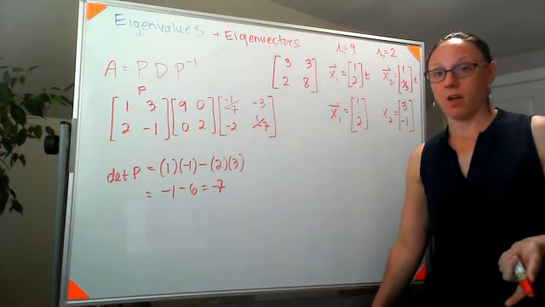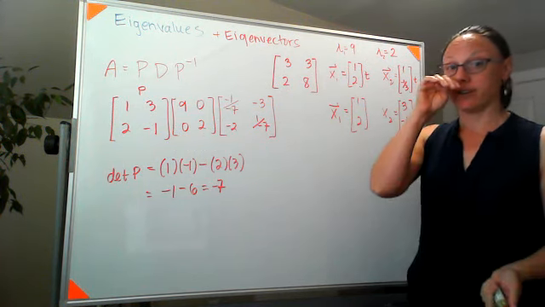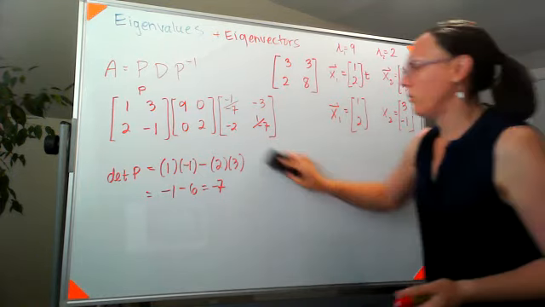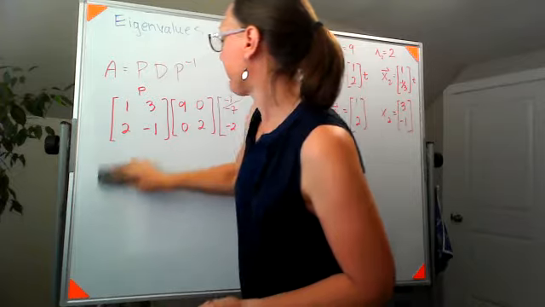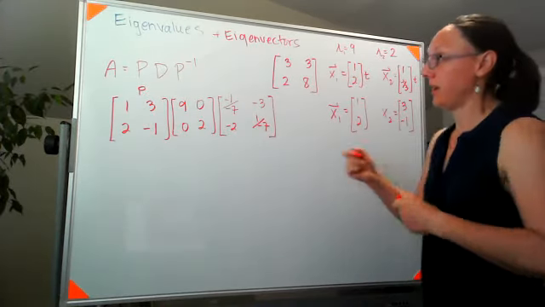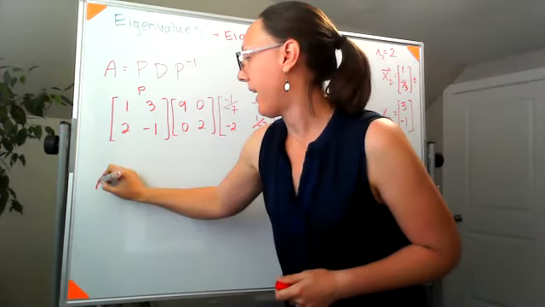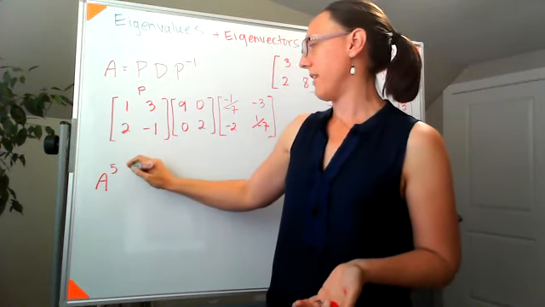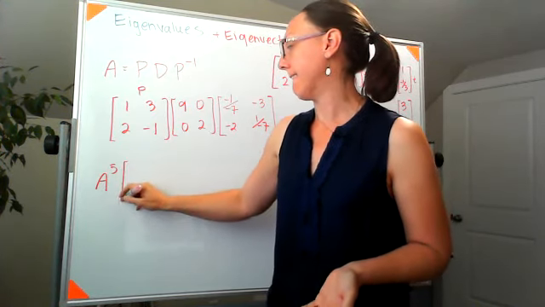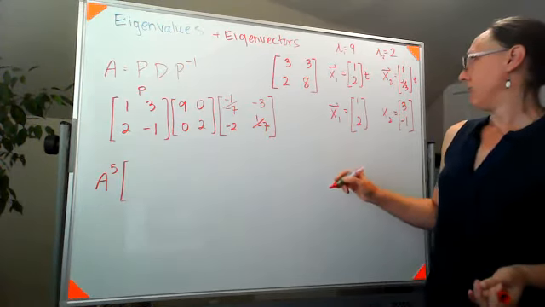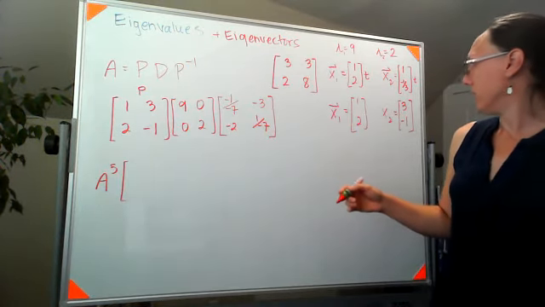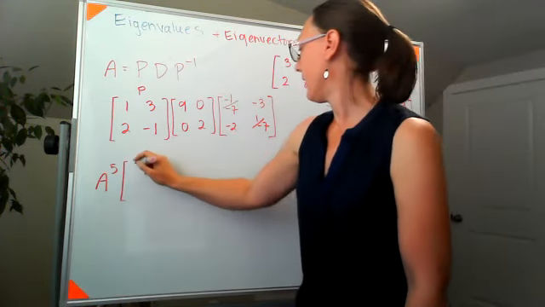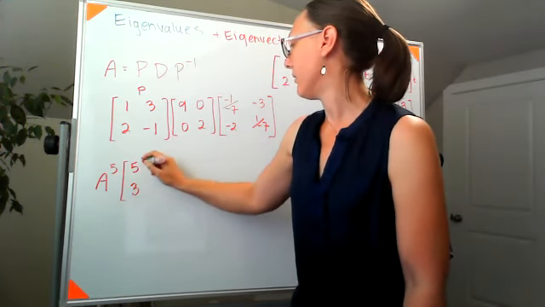Now, along those same lines, suppose that we weren't asked to do the PDP inverse thing, and instead we were asked to find A to the 5th power times the vector, I don't know, 5, 3.